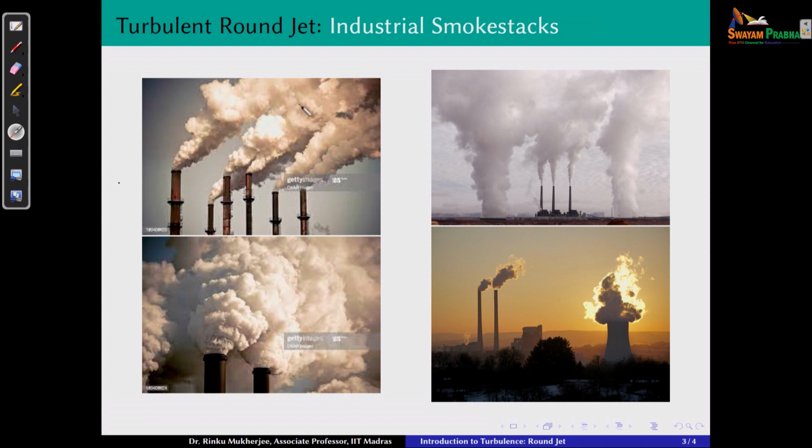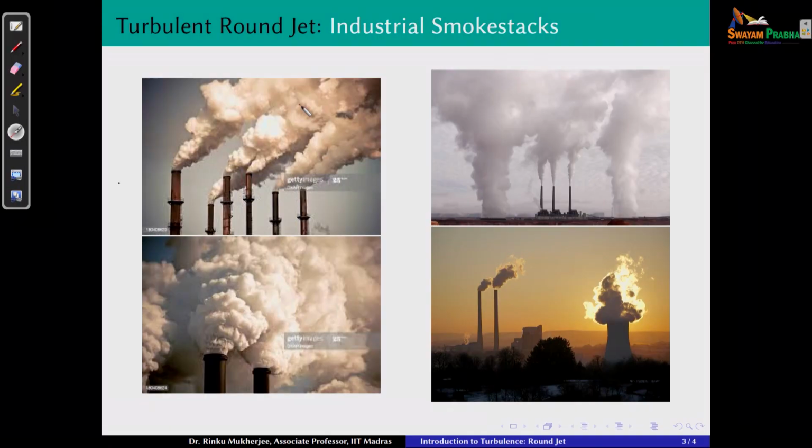I think I spoke about this: you should be able to look at agarbatti smoke. If you sit in a little dark and look at the agarbatti smoke, it is turbulent flow right at your fingertips, the easiest form that you can look at. These are several examples of that. This is coming out from a power plant. So these are examples where you can see these flow structures.